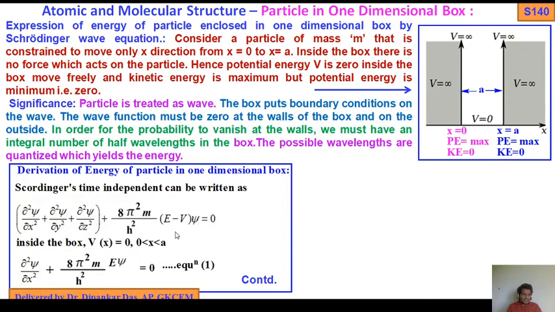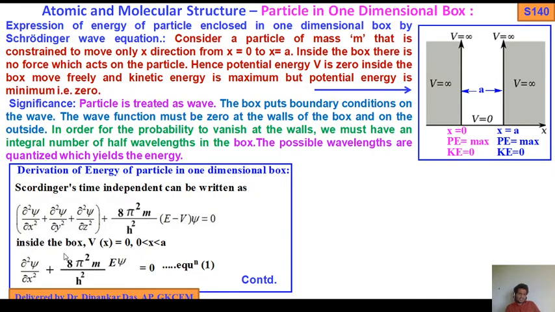So we can write del square psi by del x square plus 8 pi square m by h square E psi equals 0, since V equals 0.